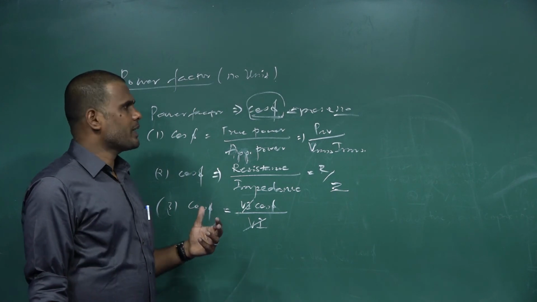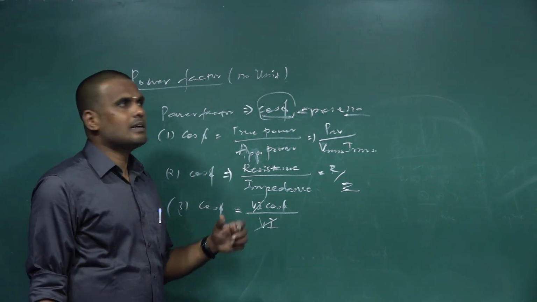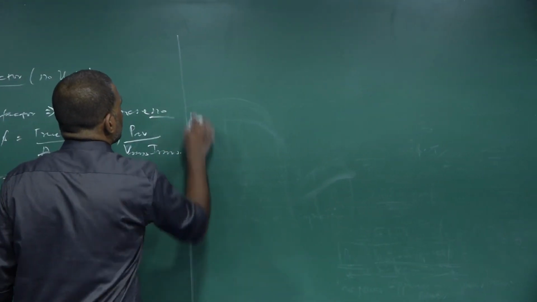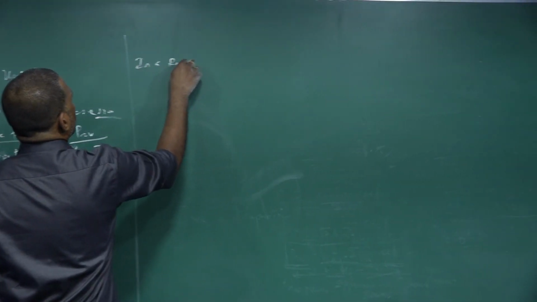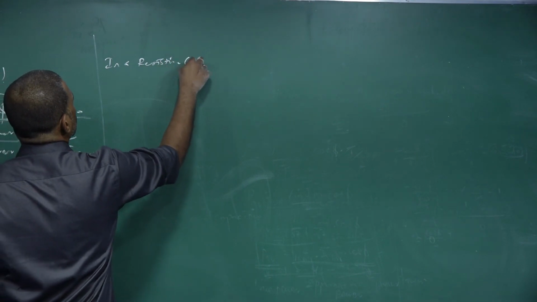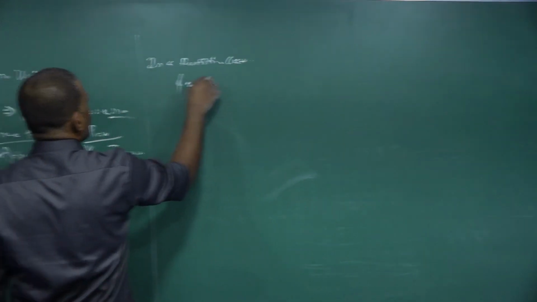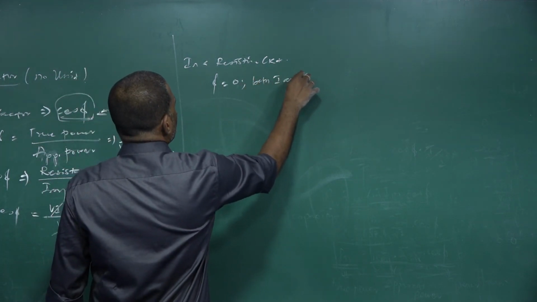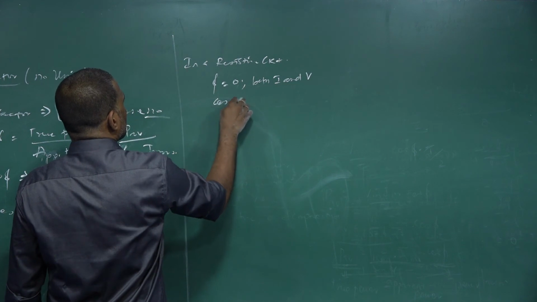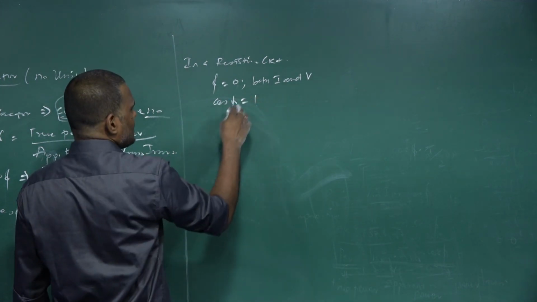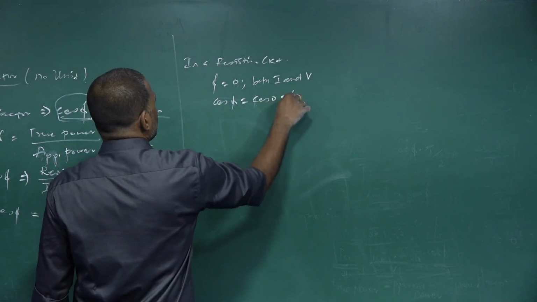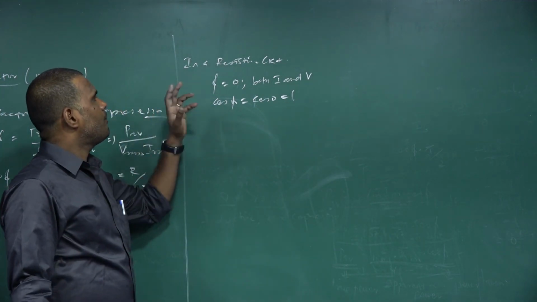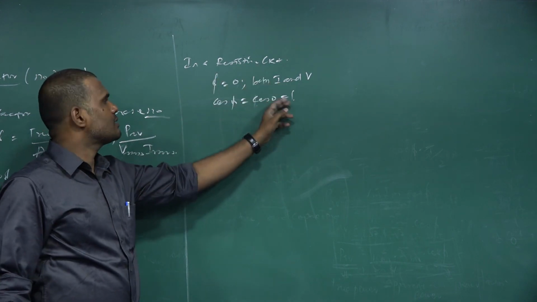Now, we shall speak about the power factor in various circuit elements. Let us say, in a resistive circuit, phase angle phi is 0 between current and voltage. So cos phi will be equal to 1, because cos 0 is equal to 1. So the power factor in a pure resistive circuit is equal to 1.